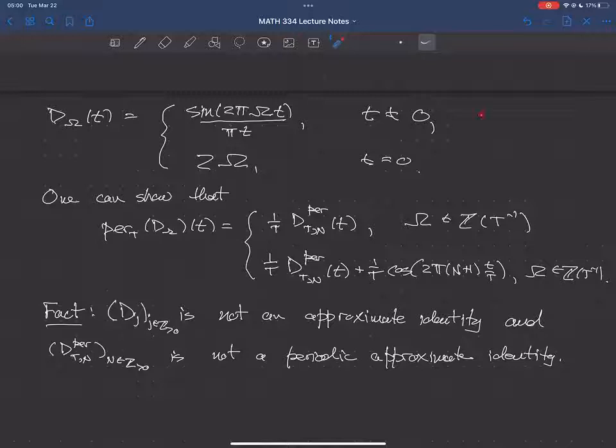So I talked last time about this sinc function. Okay, and I told you that that was an example of a function that was not in L1, but was conditionally integrable. Well, this has a close relationship with the sinc function, and so it's not in L1.